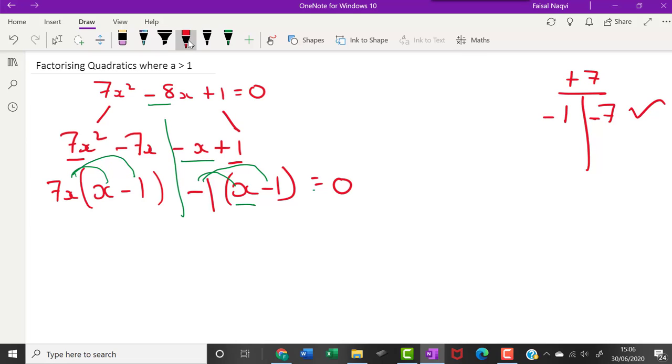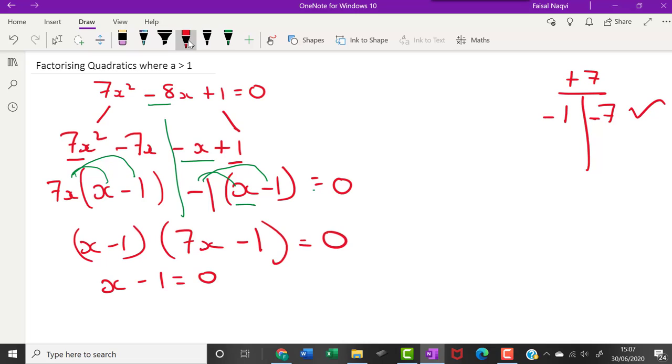I'm now going to factorise out the x minus 1 because I've got x minus 1 on both sides. So I've factorised that out. And then in the other bracket, I'm left with 7x minus 1 equals 0. I now have to solve this. So I take one bracket at a time. x minus 1 equals 0. Add 1 to both sides. x equals 1.